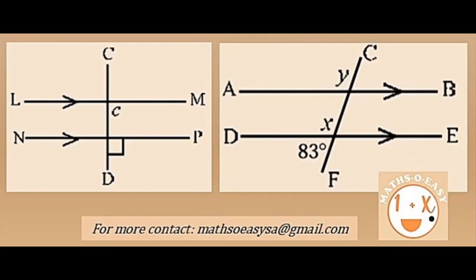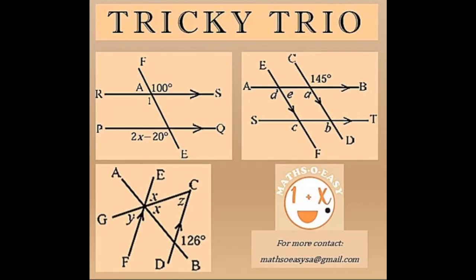It is just to lay the foundation of what parallel lines are all about, the concept, the theory, the rules, and that will enable us to do other forms of challenges. The simplest set will help us to arm ourselves for the tricky trio.